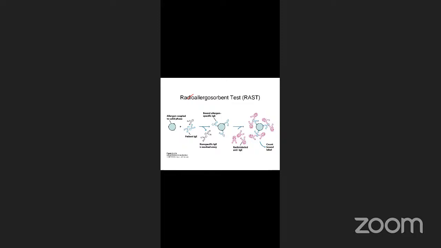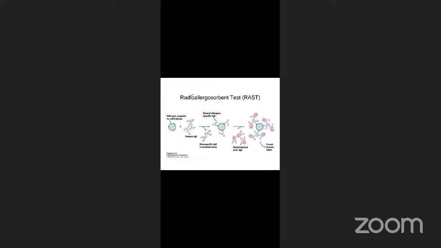By using drugs, we can control this type of hypersensitivity reaction. One is antihistamine drugs. Whenever histamine is released from the mast cell or basophil, the histamine receptor can be blocked by these drugs.